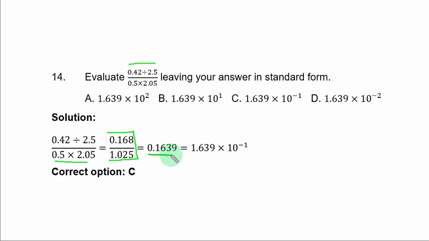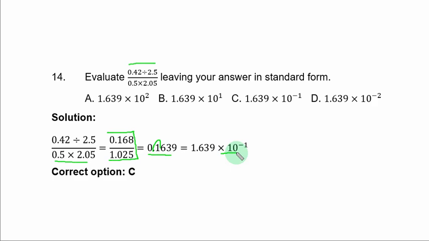0.1636. In standard form, the decimal point is always between the first two non-zero numbers, so you move the point to between 1 and 6. As you are doing that, you multiply by 10. Now, when the movement is forward from left to right, the power is negative.